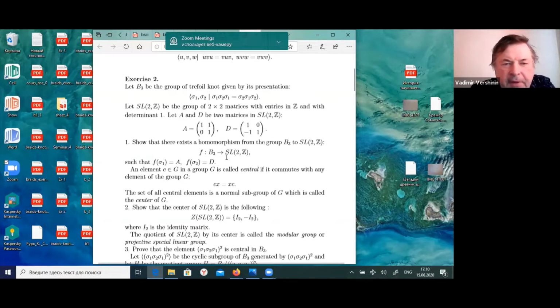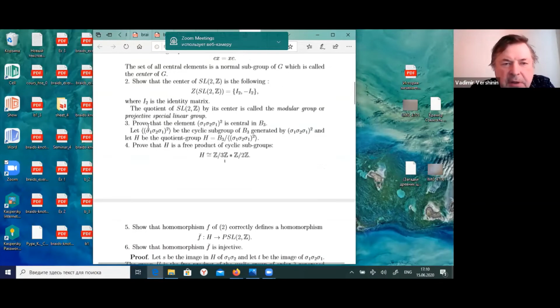And the exercise was about this element sigma 1, sigma 2, sigma 1, which we described geometrically as a full twist. If we just consider sigma 1, sigma 2, it will be a half twist, and squared, it will be the full twist.